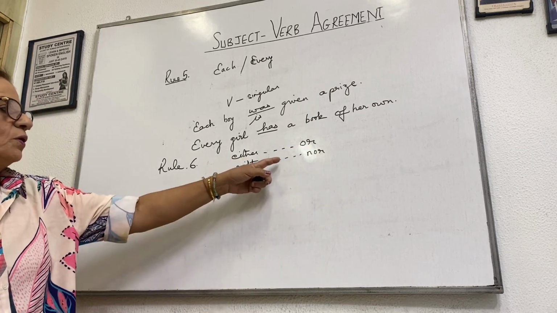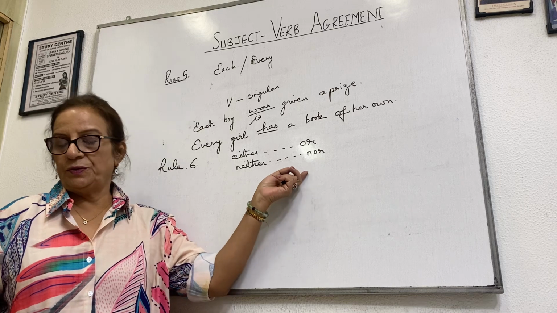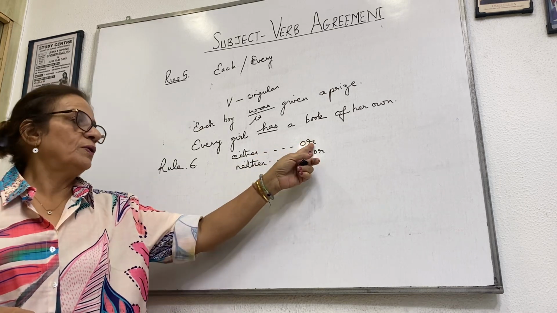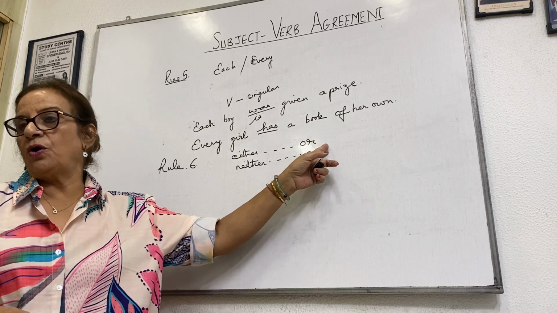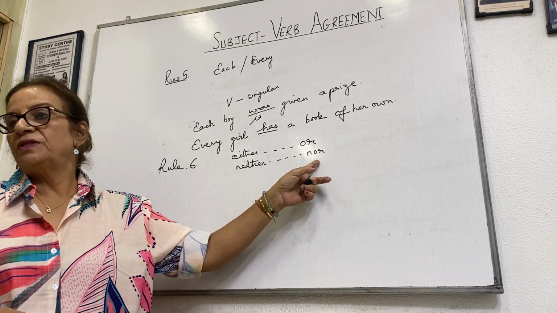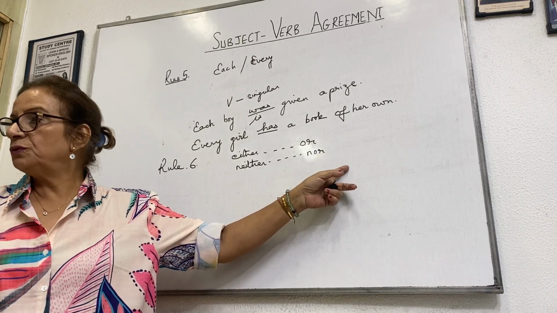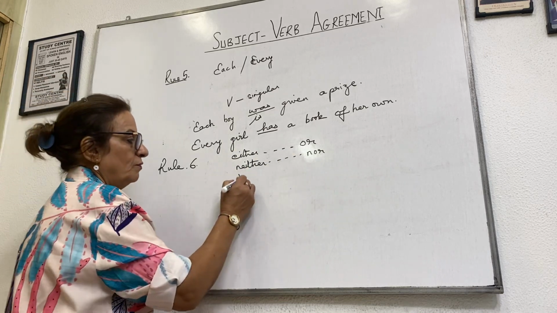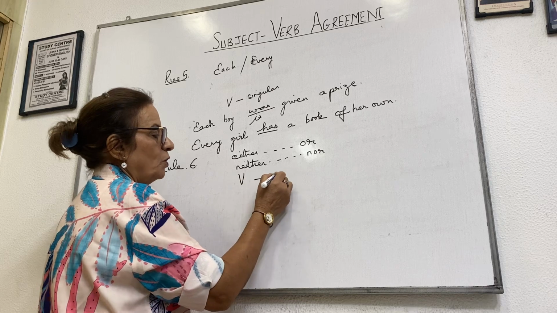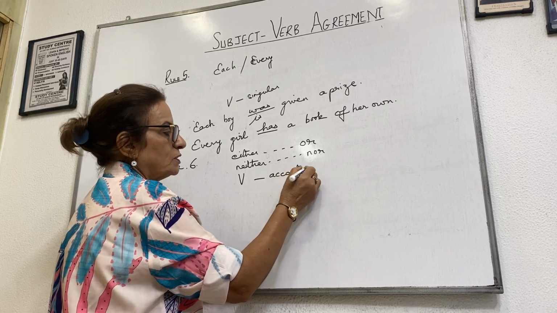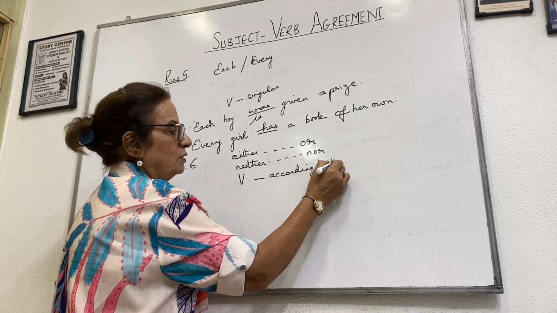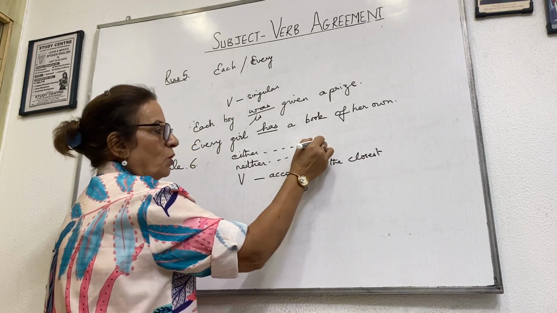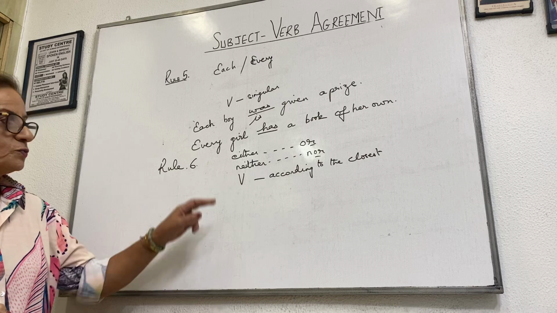So either or, neither nor, when they are used with the subjects, then the subject closer to or, closer to nor, the verb is taken according to that. Okay. Again I am saying verb according to the closest subject to or, to nor. Okay, not with either.